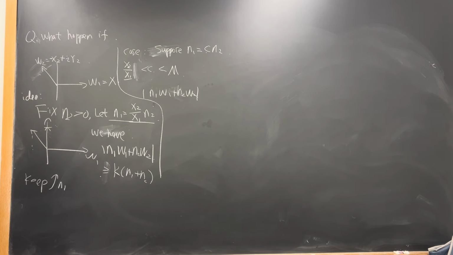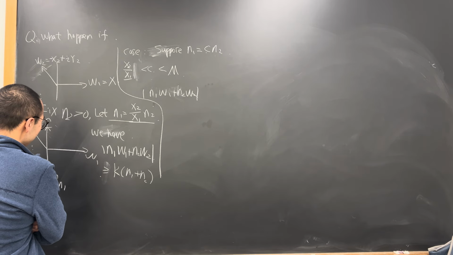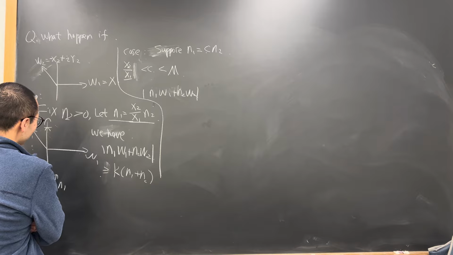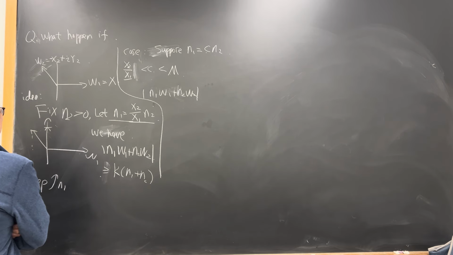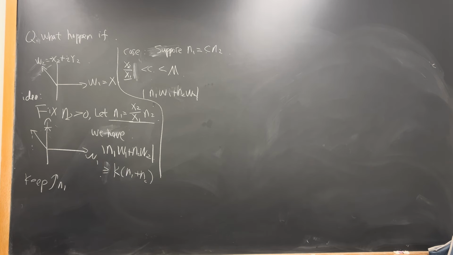When you keep increasing N1, I forgot. When you have N1 times omega 1, you are dividing the whole thing by N1. Yeah, I forgot.